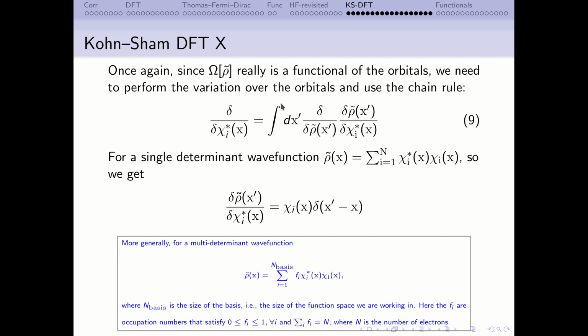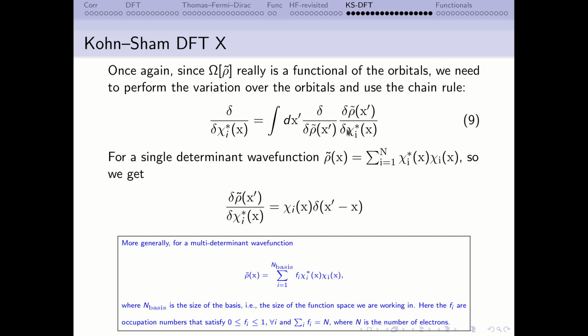So the chain rule says you take the integral over an auxiliary coordinate dx prime, d by d rho tilde x prime, d rho tilde x prime divided by d chi I star x. So this x corresponds to this x, and the coordinates here and here correspond to the auxiliary coordinate.